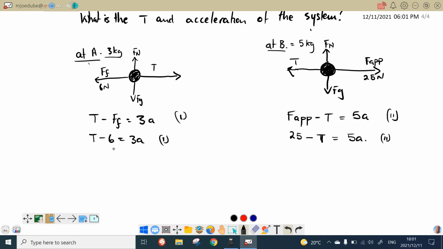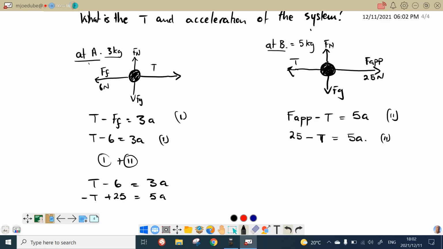If I add equation 1 and 2, so I will have T minus 6 is equal to 3A, and then on the other side I will have plus 25 minus T is equal to 5A.